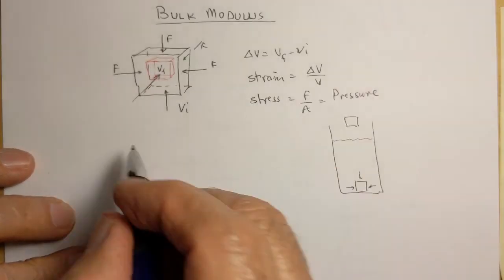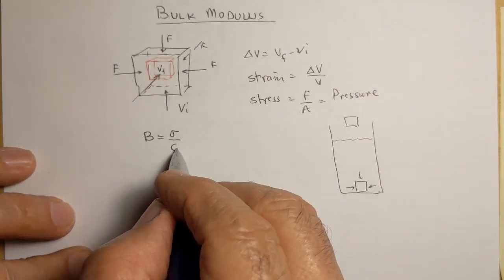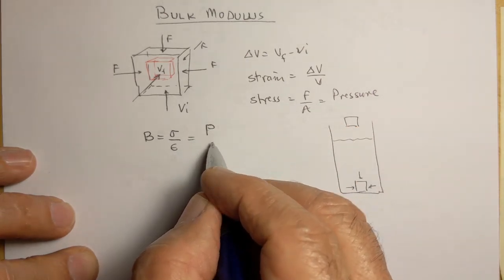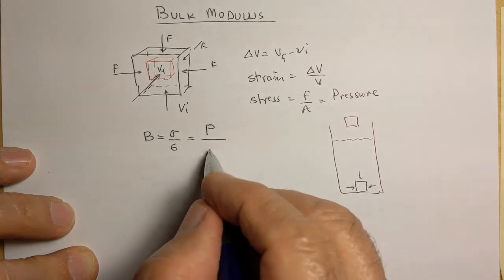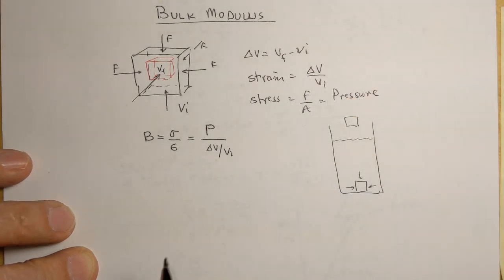So we have the bulk modulus as stress over strain. So we write it as F over A, which is the pressure, over the strain, delta V over V initial.